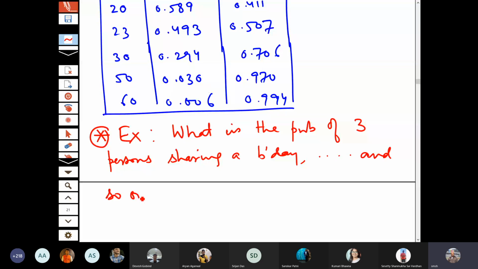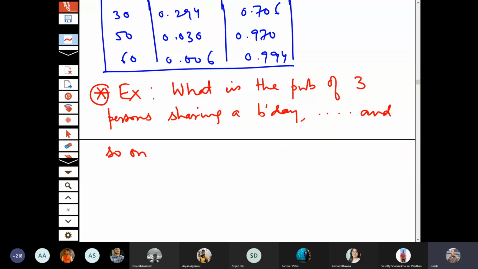What is the probability of 3 persons sharing a birthday, 4 persons sharing a birthday, and so on? All these questions one can answer, but of course the solutions will be much more difficult to obtain.